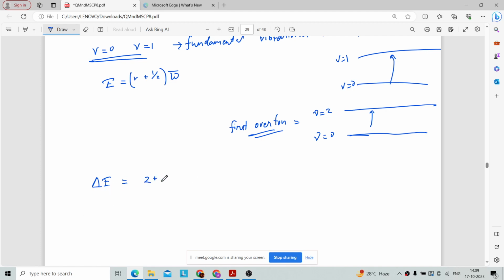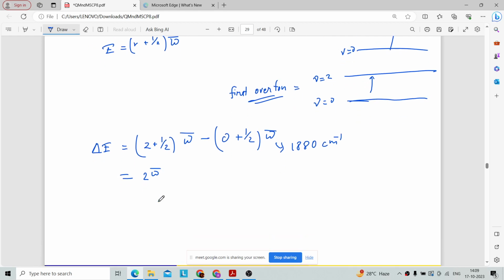So the change in energy for this case will be (2 plus half) omega bar minus (0 plus half) omega bar, and omega bar is given as 1880 centimeter inverse. So if you solve this, what will we get? 2 omega bar, which in this case will be 3760 centimeter inverse.